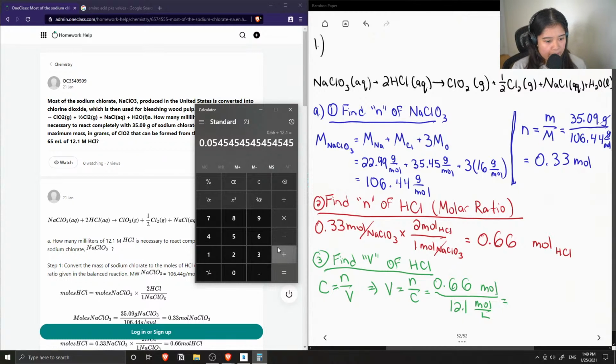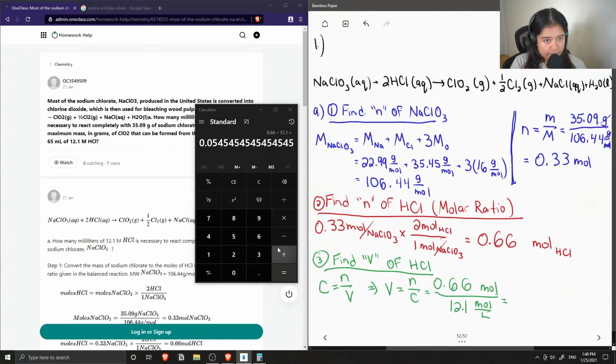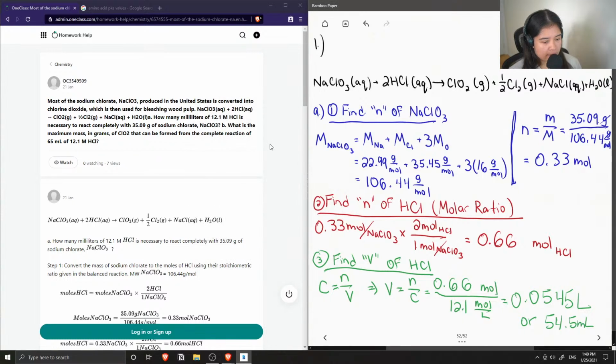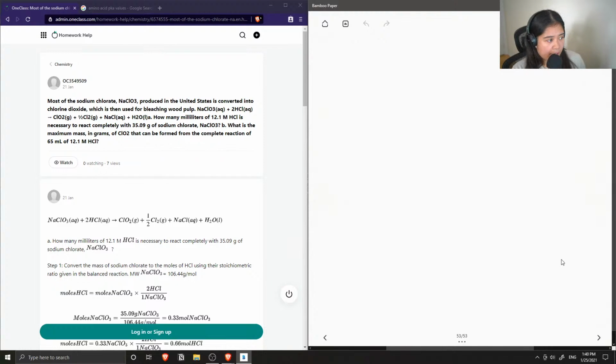So now we end up with 0.0545 liters, or 54.5 milliliters. Okay, so that makes more sense. And that was just for part A. So for part B, I'll do it on the next page.